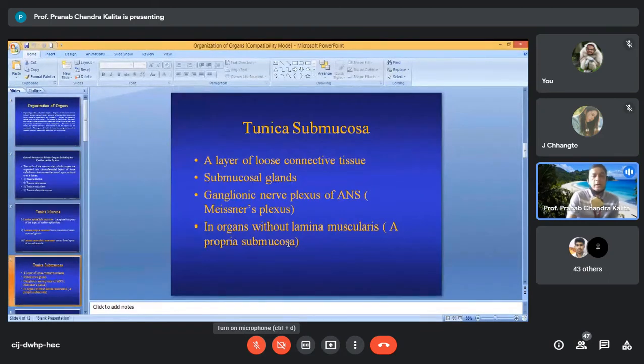In those organs, we will not term it Tunica submucosa, we will just term it as propria submucosa. Instead of saying Tunica submucosa, we say propria submucosa in organs without a lamina muscularis mucosa layer.